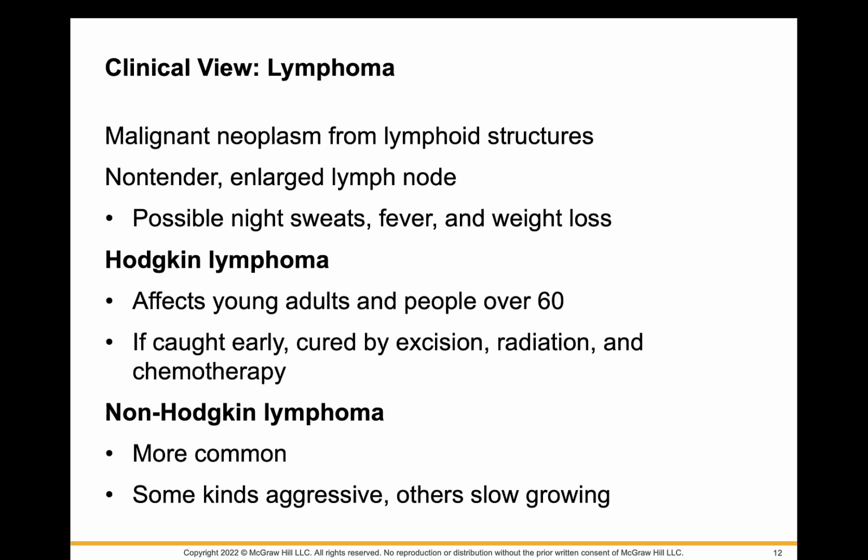Now, there is one cancer in particular that is tied into lymph structures, and it is known as lymphoma. Here we're looking at what they refer to as a malignant neoplasm from the lymphoid structures. Generally, you're going to have a non-tender enlarged lymph node, and symptoms that are quite often associated with lymphoma are very general: night sweats, fever, weight loss.